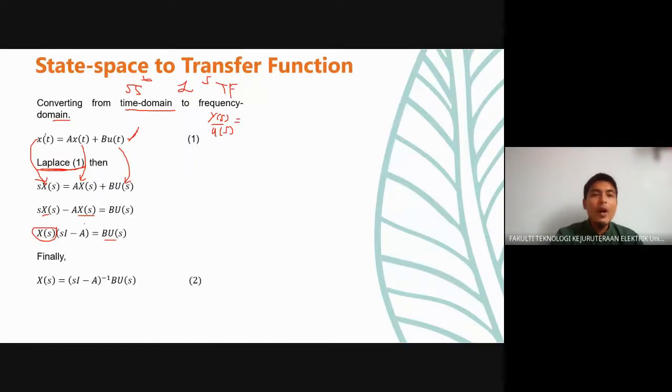Why in this part, sX(s), when we factorize X(s), it becomes sI? AX(s), when we factorize X(s), becomes A, but why for sX(s) do we get sI? We need to know why.